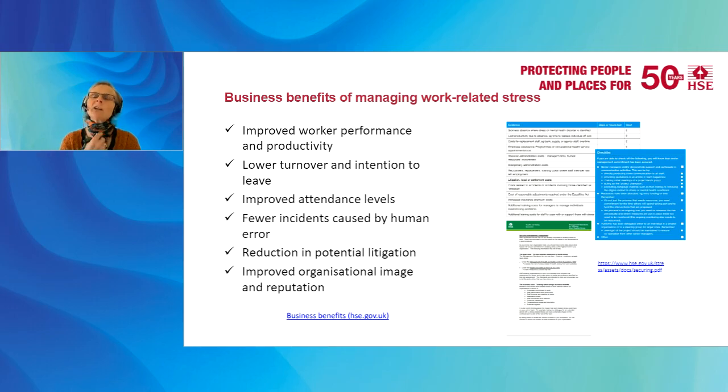You can not only keep hold of employees, but also attract the best people to come and work for your organisation. The flip side is if people see that you're an organisation that doesn't care, not only will people leave, people won't want to come and work for you. So you'll find it difficult to recruit the people that you've lost.